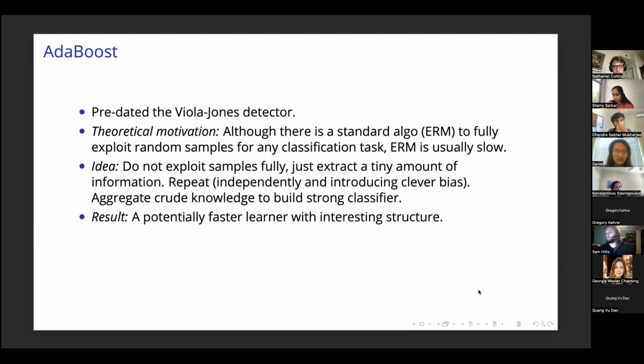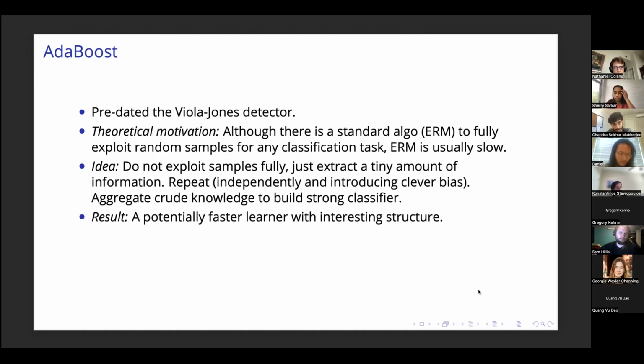One particular problem is that although we know how to exploit in the best way the samples we get for a classification problem, the algorithm that exploits the samples in an optimal way is not necessarily efficient. It might be very slow. So people tried to find other algorithms that would be more efficient in this task.